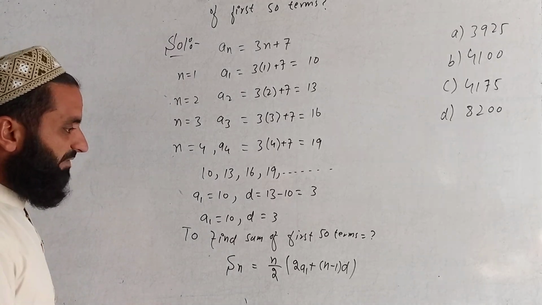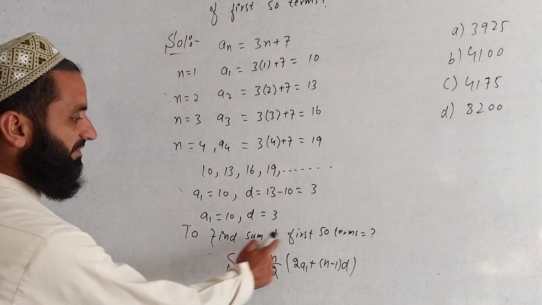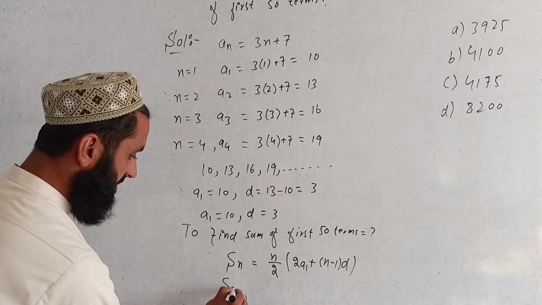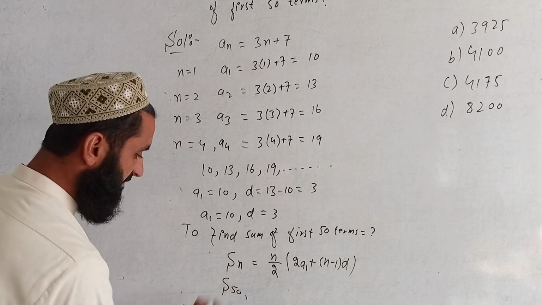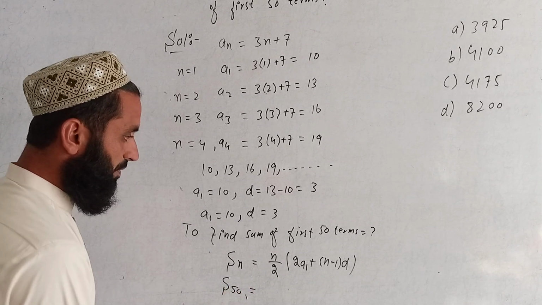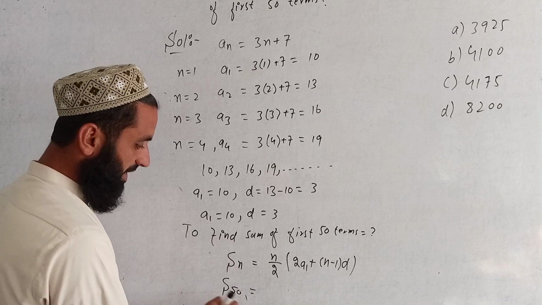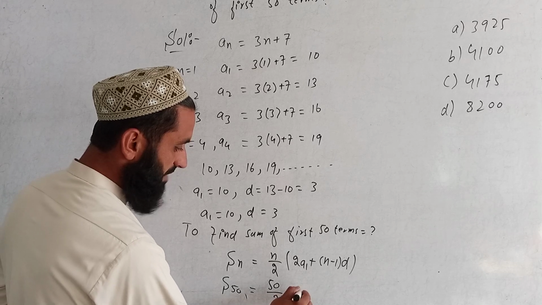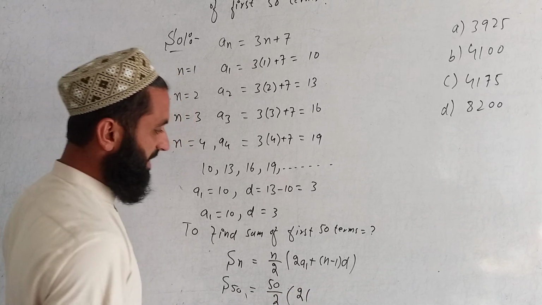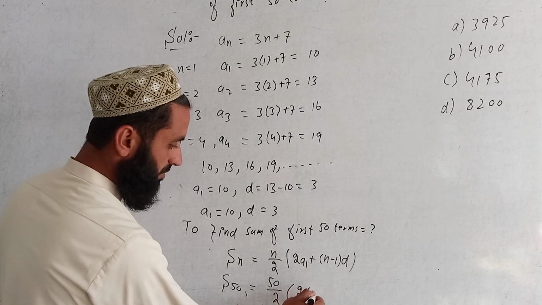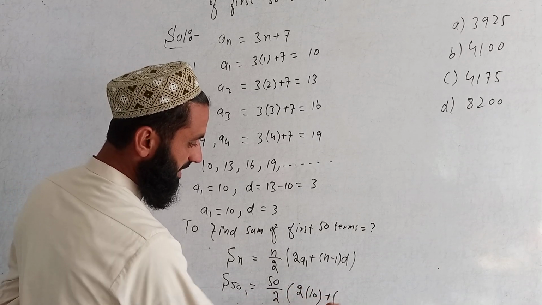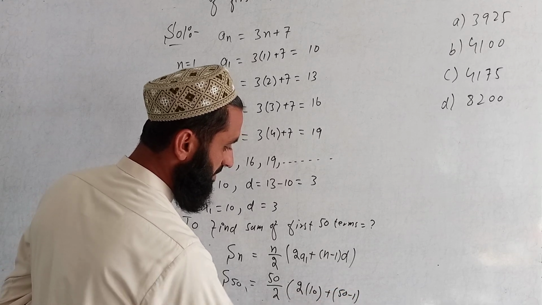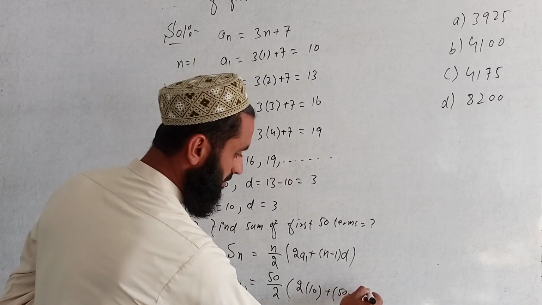So we have to find the sum of the first 50 terms. So n terms means 50 terms, put n is equal to 50 here. S50 equal to 50 by 2 times 2 times a1 equal to 10 plus n equal to 50 minus 1 into d equal to 3.